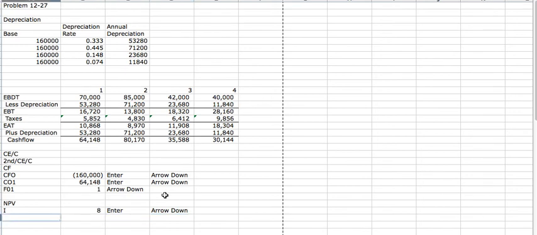And now what we see is NPV. And that's where we compute. Push the compute button. And our answer ends up a positive $18,536.79.